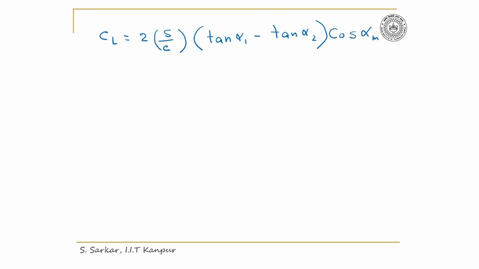I know the expression for CL as twice S by C into tan alpha 1 minus tan alpha 2 within the bracket into cos alpha m minus CD into tan alpha m.